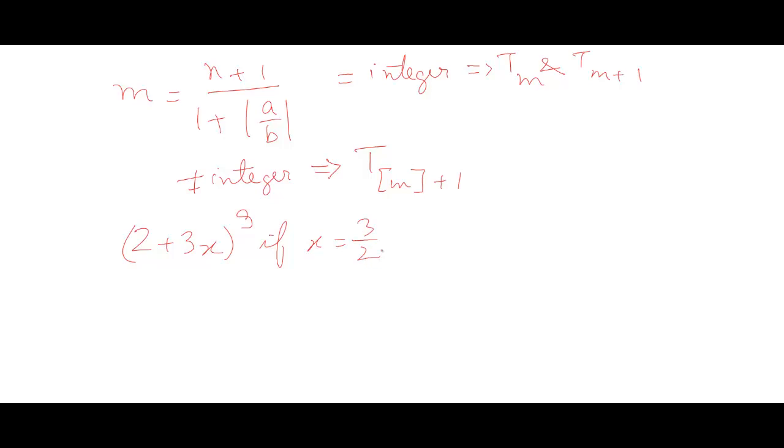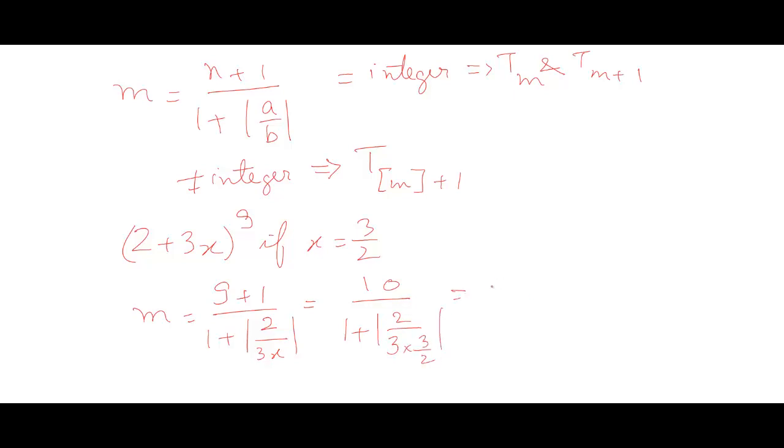So let us find the value of m. m will be equal to (9 + 1) divided by (1 + |a/b|), where a is equal to 2 in this case, and b is equal to 3x. Replacing the value of x, we get m equal to 10 divided by (1 + |2/3 × 3/2|).